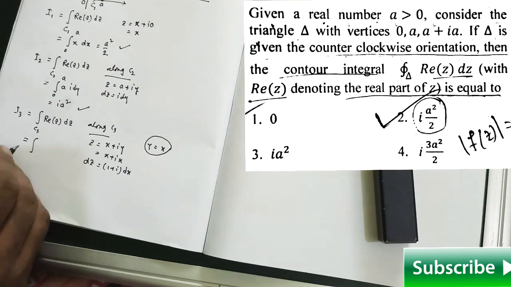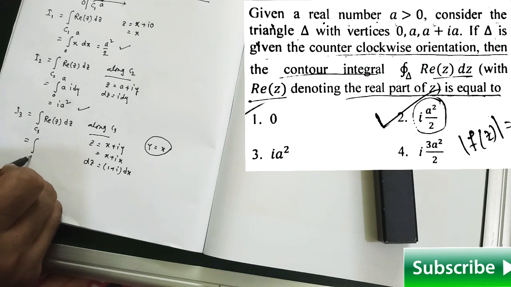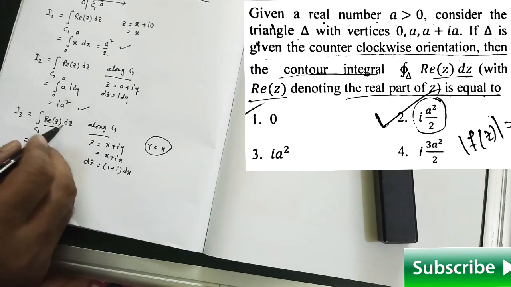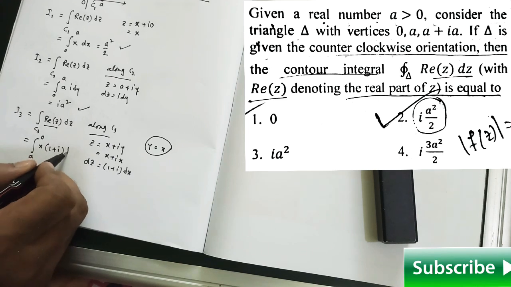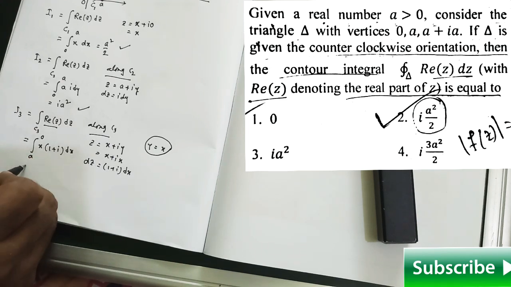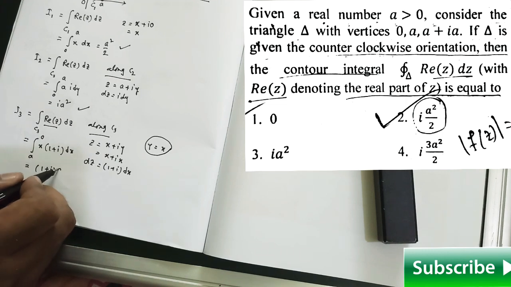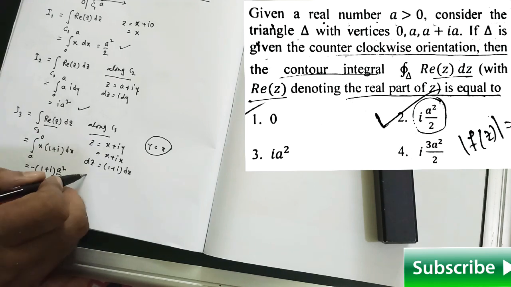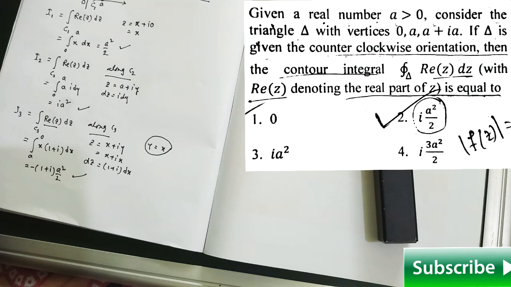So the limit is going to be from x equal to a to x equal to 0, and real of z, that means x. For dz you will write 1 plus i dx and just calculate it. You will find that you are getting this kind of thing in your hand. Clear? Just do the calculation.